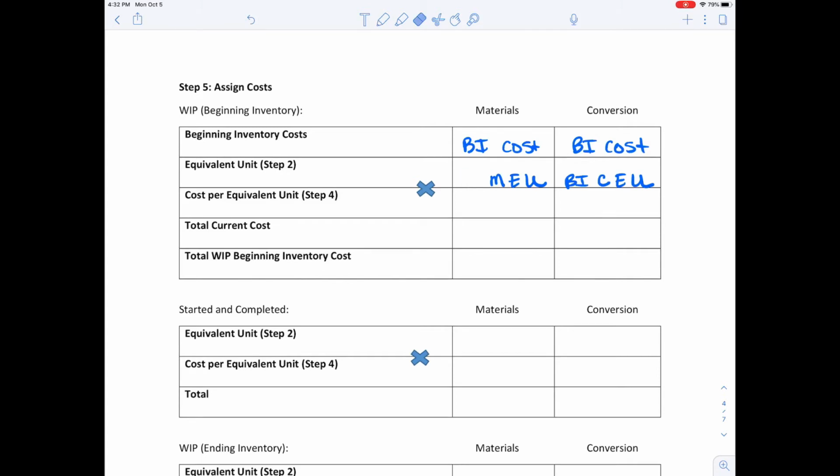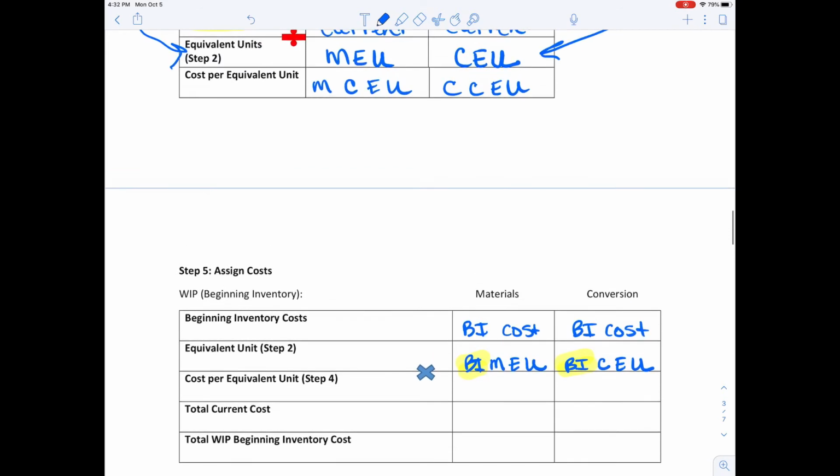Not the total, but we're looking at the beginning inventory. One thing you need to note is that that's just the beginning inventory.